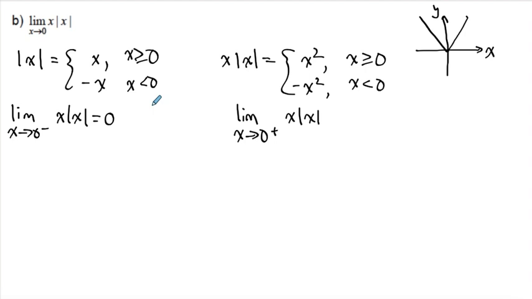And then if I wanted to think about what is happening on the left-hand side, the same sort of thing, right? I can think about these functions as being parabolas. So this is a parabola that opens up, and this is a parabola that opens down.